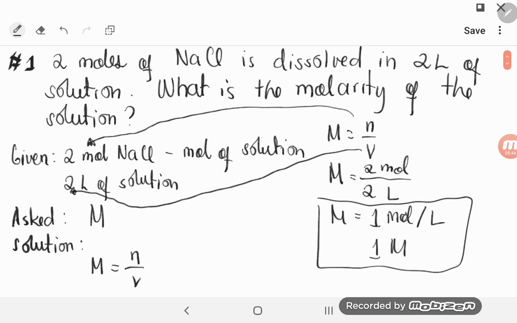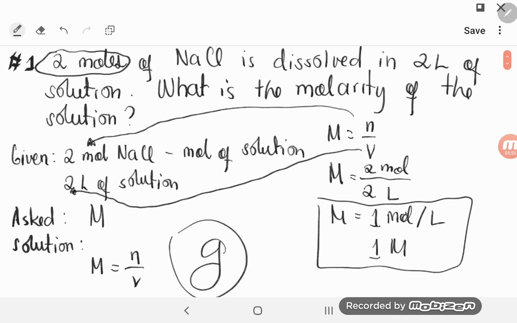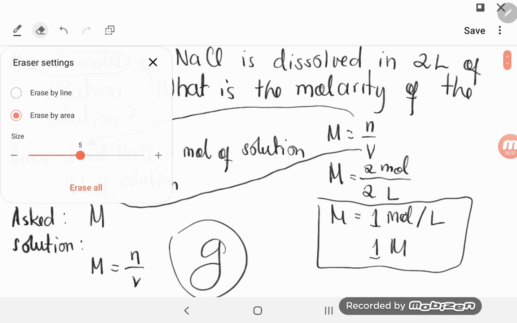Most of the problems are not expressed in moles. Usually it is expressed in grams. So this will be encountered in our second problem. Let me just erase problem number 1, and let me write now problem number 2.